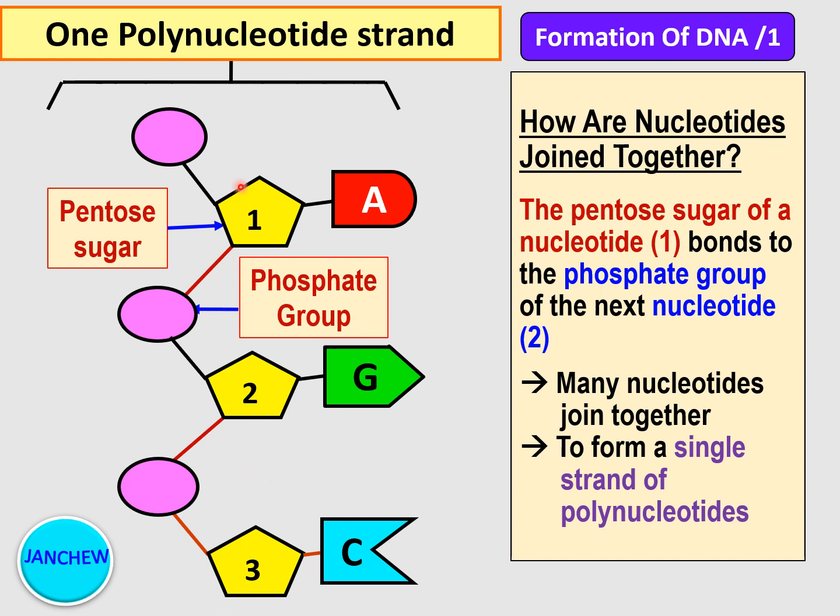So when the nucleotides join together, for example, millions of nucleotides can join together to form a long chain or strand. We call that chain or strand a polynucleotide strand. Poly means many nucleotides joined together, okay, to form a long strand. So this is one polynucleotide strand.